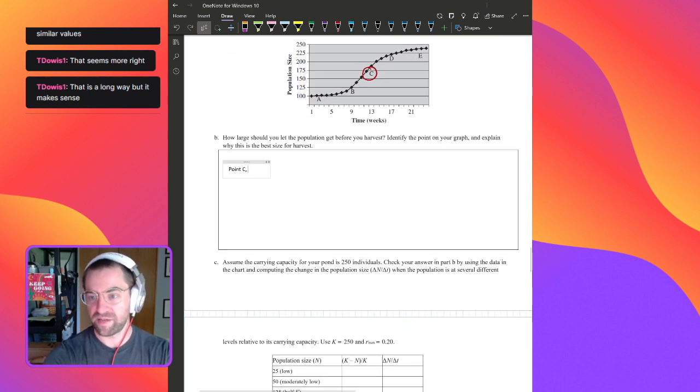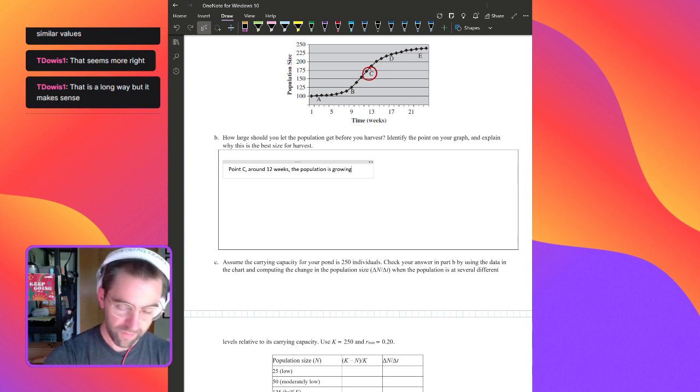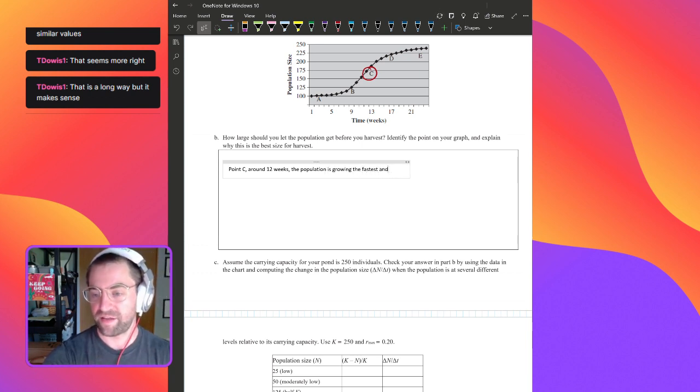So point C, around 12 weeks, the population is growing the fastest, and is at half its carrying capacity.